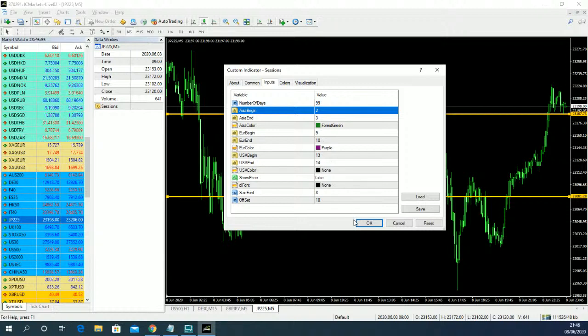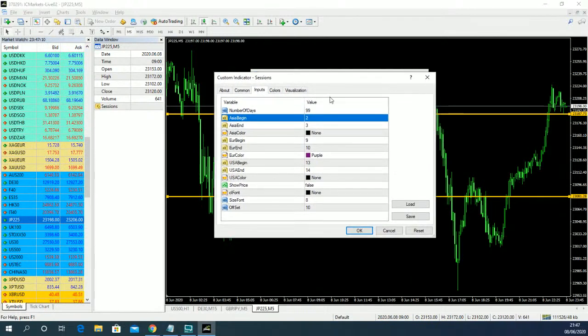Okay, to set the parameters, I'll show you. This is the parameters now. Somebody is asking how to set the parameters for Euros for the indicator. This is how it was before. We are only trading the Euro session. That box you were seeing before was 9 to 10. So you have Asian session if you want to see it on the chart, Europe session if you want to see it on the chart, and US session if you want to see it on the chart.